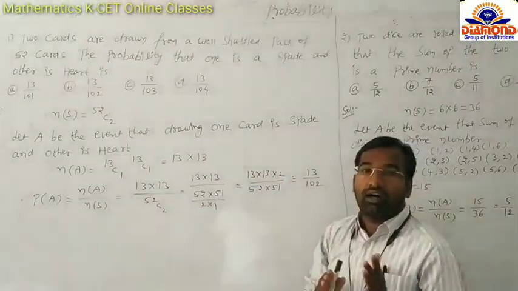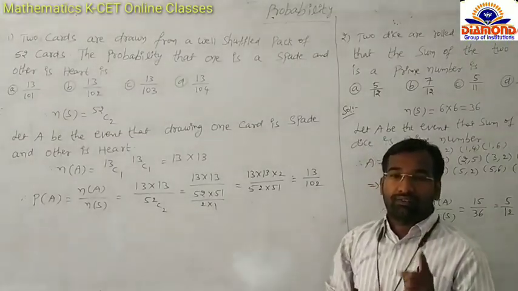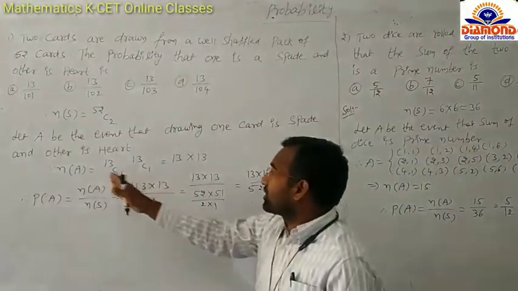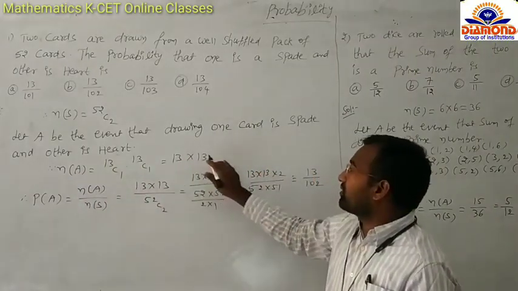The second card is a heart, which also has 13 cards, so 13C1. So n of A equals 13C1 into 13C1, equal to 13 into 13.